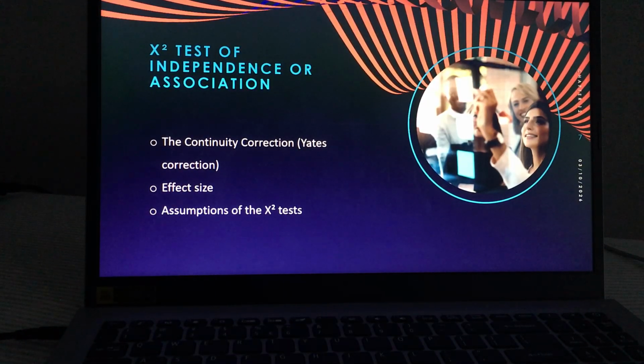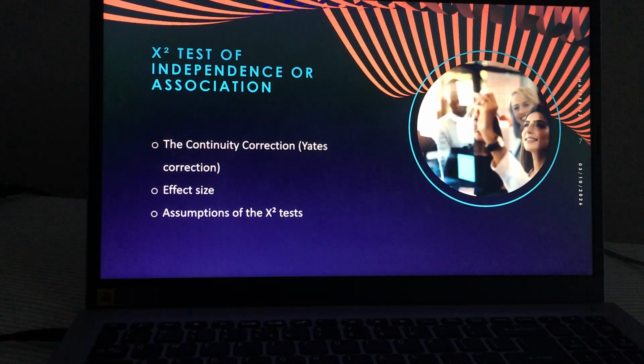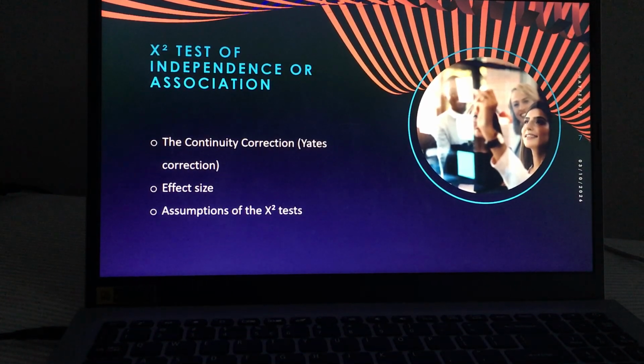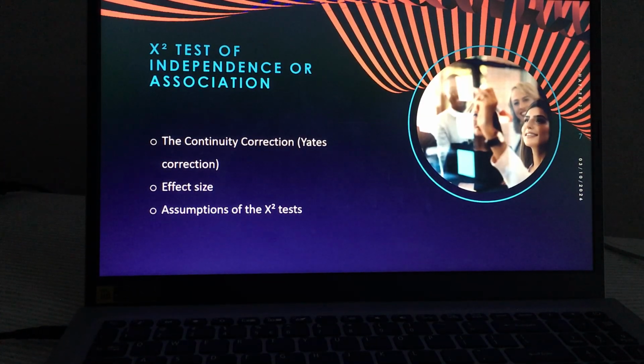continuity correction. So the next section we're going to cover is effect size. Now, it is becoming commonplace to ask researchers to report some measure of effect size when they report their data. So let's suppose here that you run your chi-square test, which turns out to be significant.